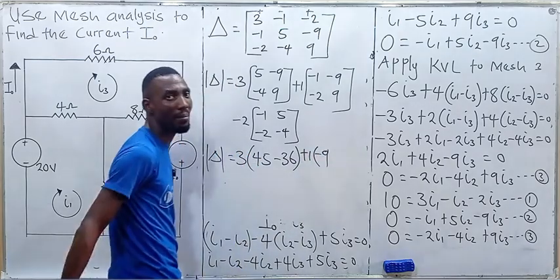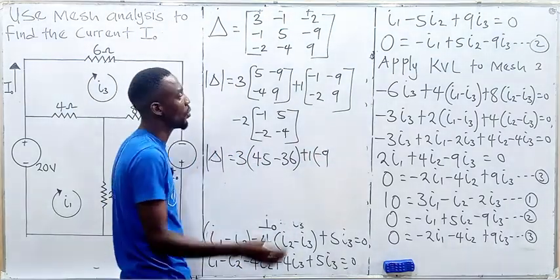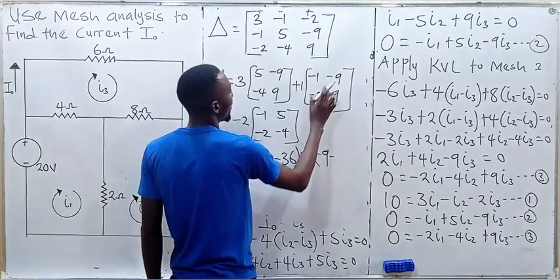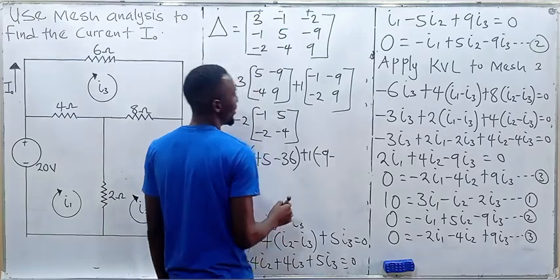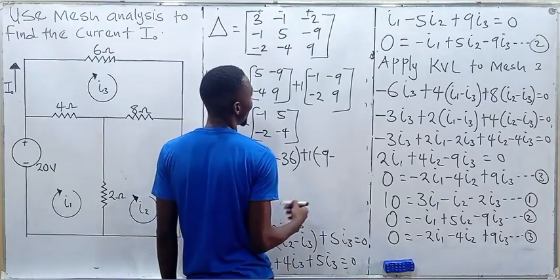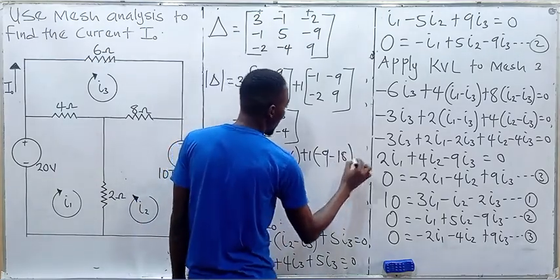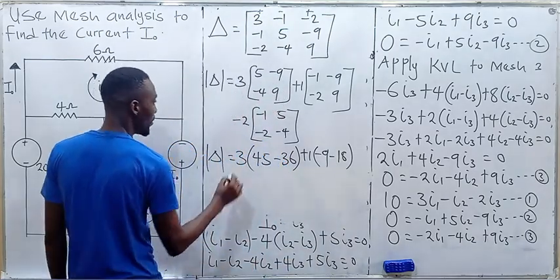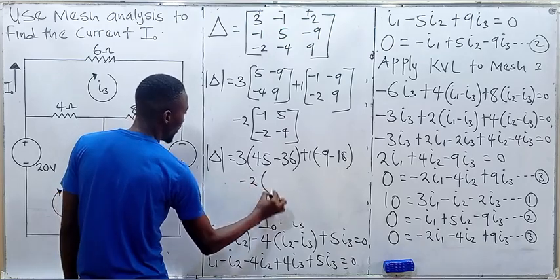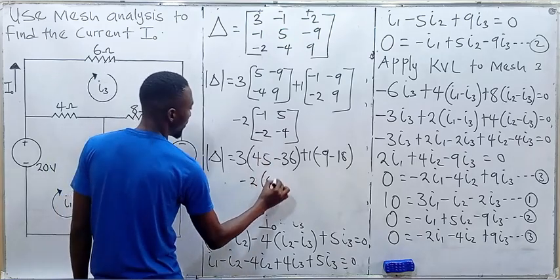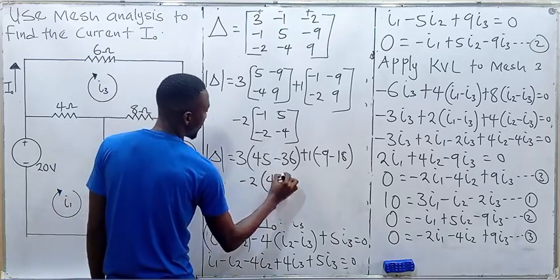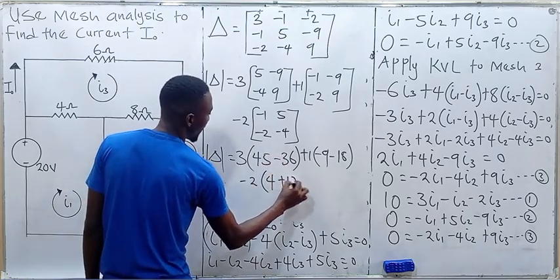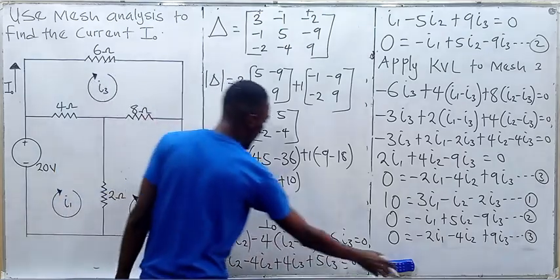Minus 1 times 9 is minus 9, right? And then minus 2 times minus 2 is positive, 2 times 9 is 18. All right. Then minus 2 into this times this is positive 4 minus 10, that is plus 10. Plus 10. Right.